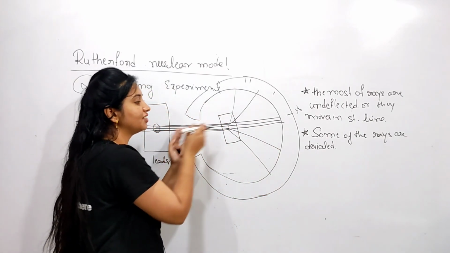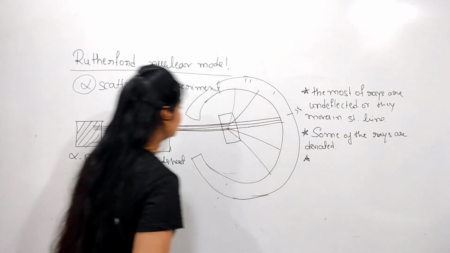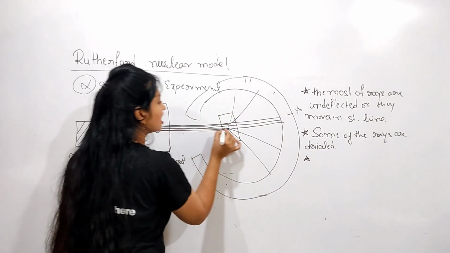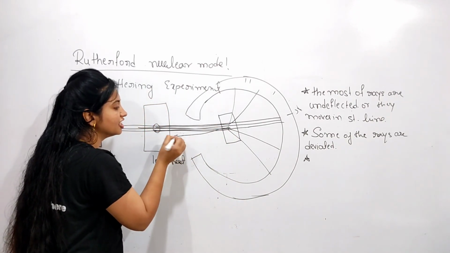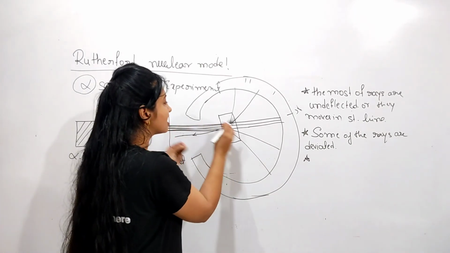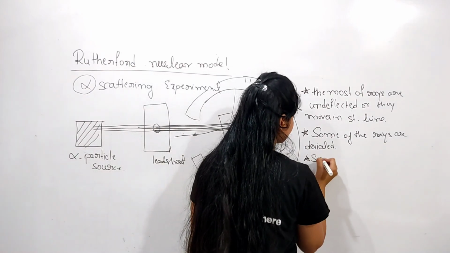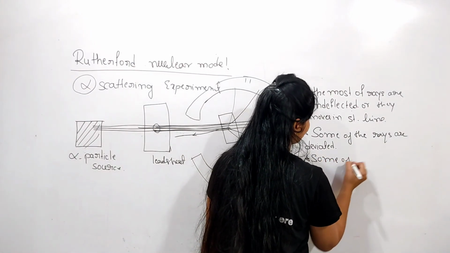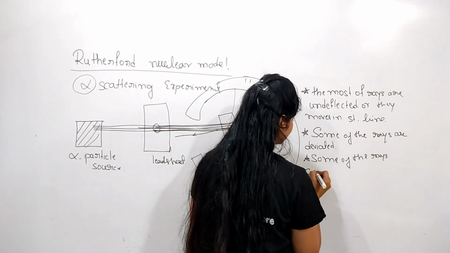Some of the rays are deviated at small angles, and some are deviated at larger angles. And the third observation is that some of the rays get hit back, nearly 180 degrees. Some of the rays strike and come back.